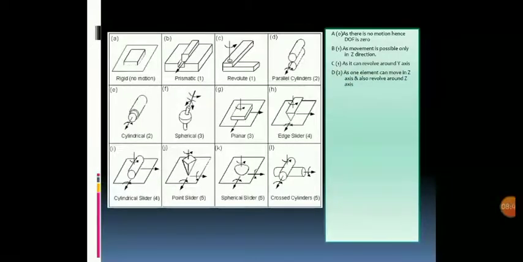In another picture, picture D, there are 2 parallel cylinders. For these 2 cylinders, in order to have contact between them, there will be 2 motions, one along the axis of the cylinder and the other a rotational motion about the axis of the cylinder. So the degrees of freedom for this will be equal to 2.